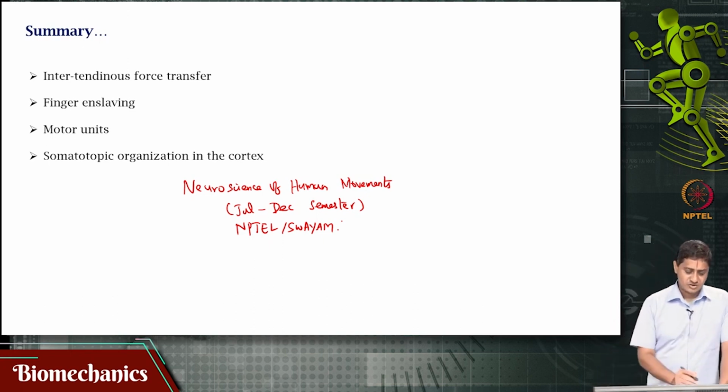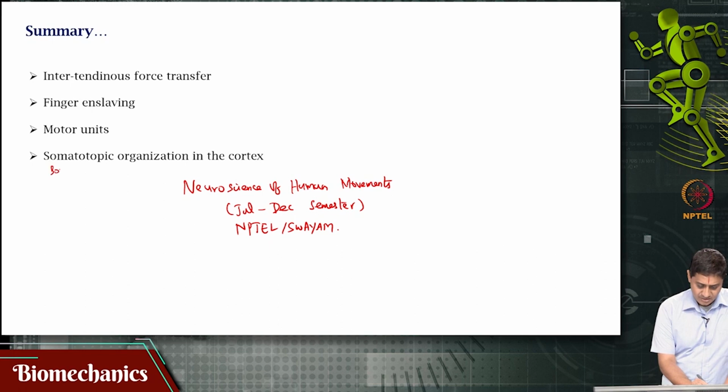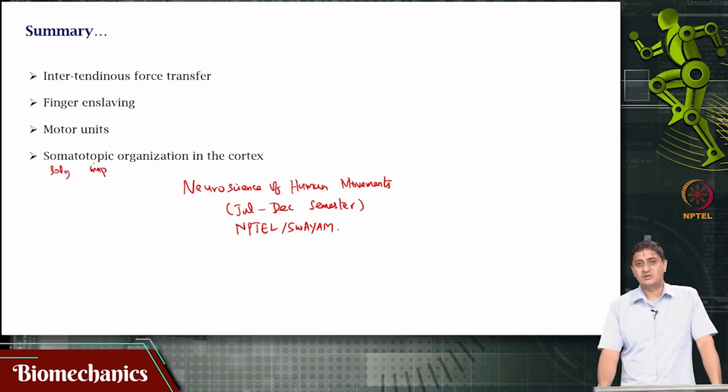Somatotopic means, somato means body, topic means map, or the body map representation, or the body map organization, or the presence of a mosaic organization of the body, in particular the hand, as one of the other causes of enslavement.